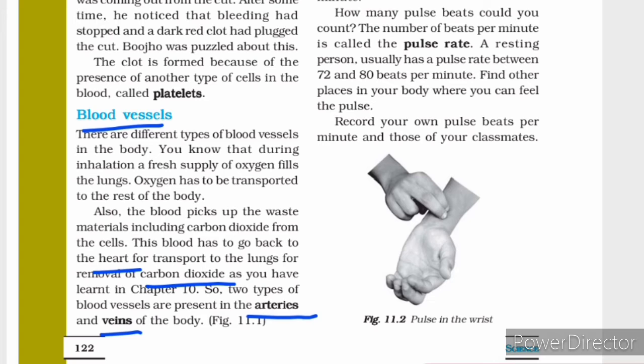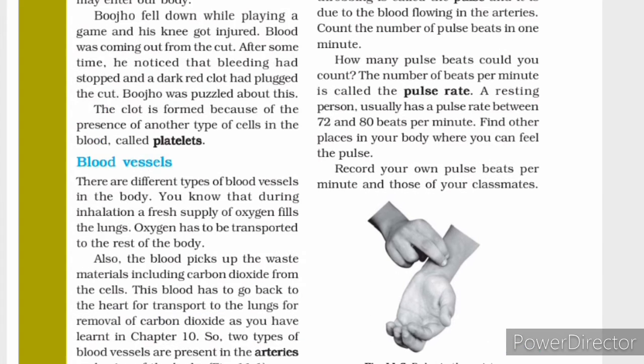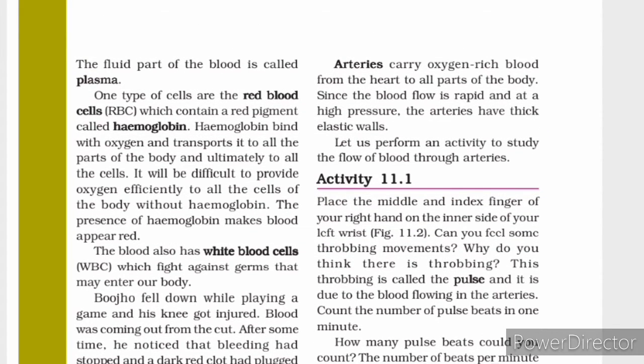We will study it shortly, but let me tell you that veins carry carbon dioxide rich blood from all parts of the body back to the heart. And what do arteries do? Just like we discussed, arteries carry oxygen rich blood from the heart to where? To all parts of the body.